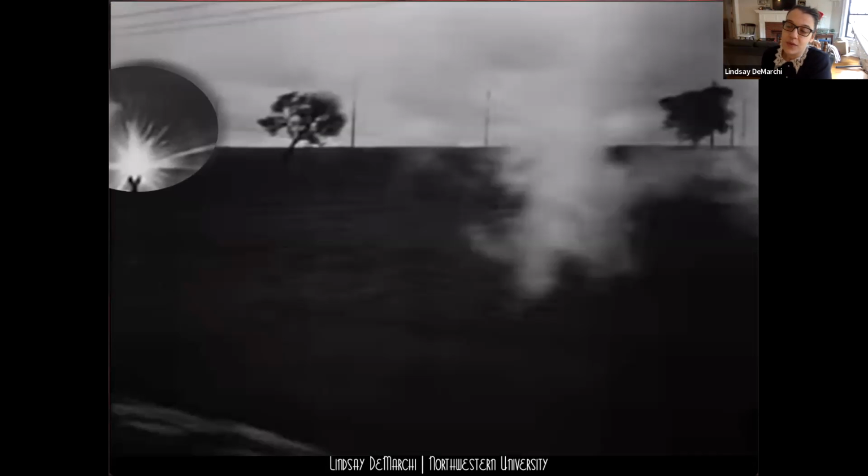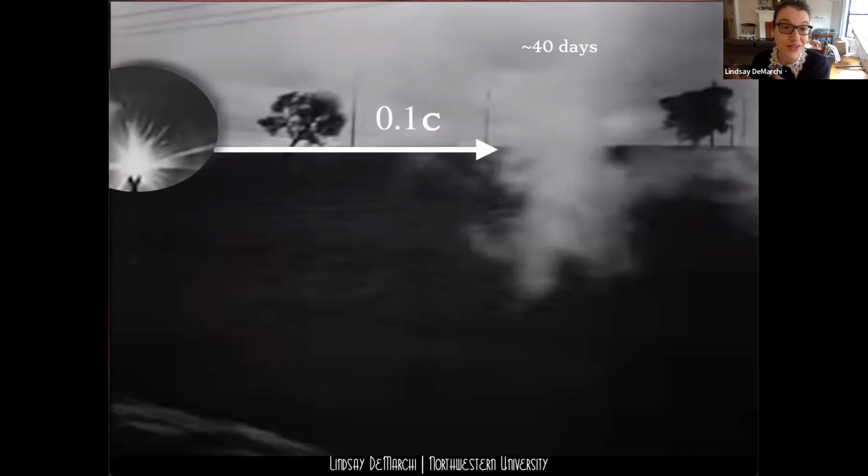So the picture that I want to leave you with is a star explodes. When that star explodes, the fastest material forms a blast wave that moves about 10% the speed of light. It catches up to material in its CSM somewhere on the order of 40 days after it has exploded.